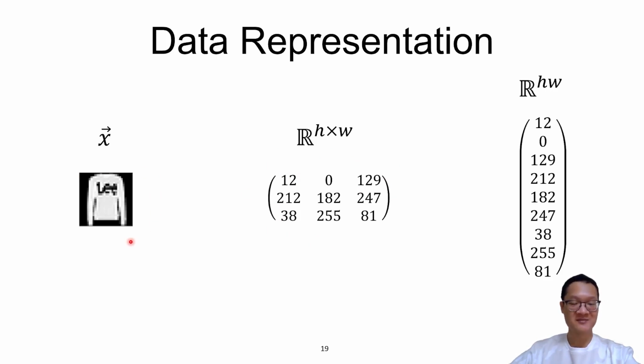So a black and white, actually grayscale image might be represented as a matrix whose values are between 0 and 255, where 0 represents black and 255 represents white. Everything in between is going to be some shade of gray. Okay, so you can either think of this as a matrix or a vector if you vectorize it, if you kind of stack the columns of the matrix, or even the rows.